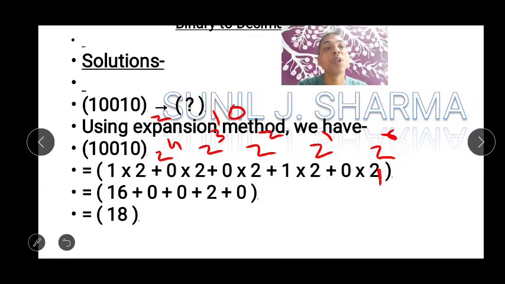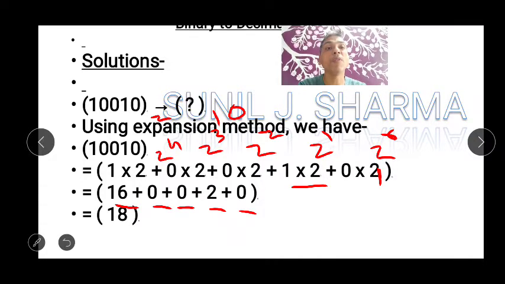Anything raised to 0 is 1, so 0 into 1 is 0. 2 raised to 1 is 2, but multiplied by 0 this will be 0. Then 2 raised to 2 is 4, but this will be 0. Then 2 raised to 3 is 8, again 0. Then 2 raised to 4 is 16, so this will be 1.